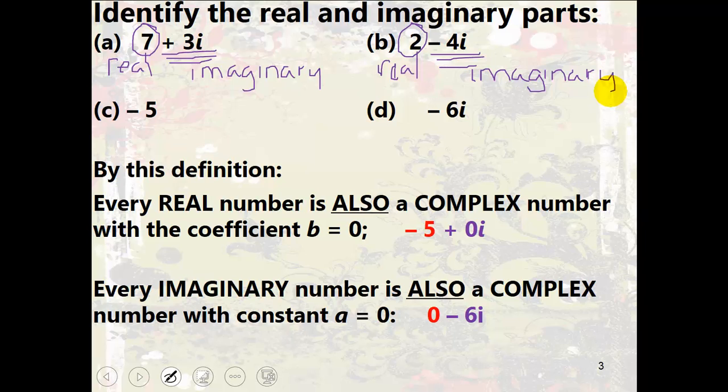C's a little bit different because it only has, what we can see is negative 5 is the real part. But what we know is that it had to have 0i as the imaginary.